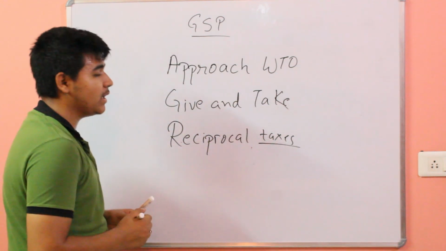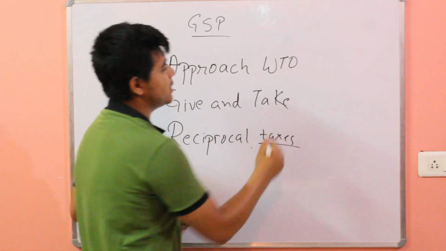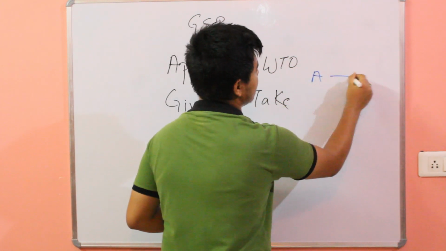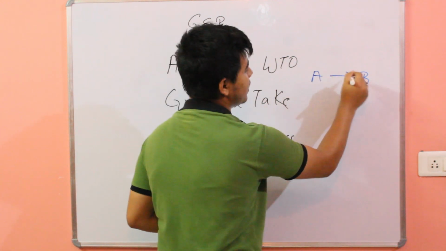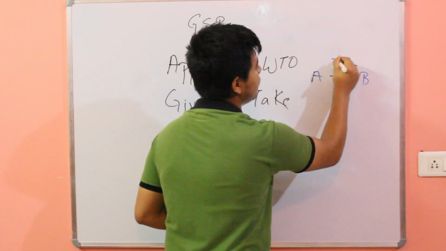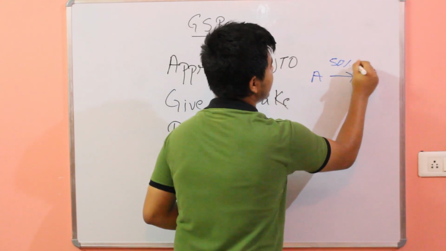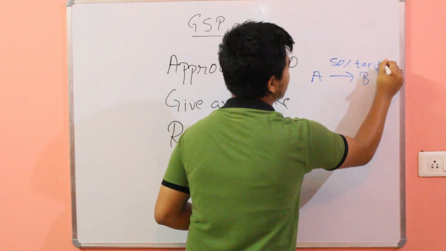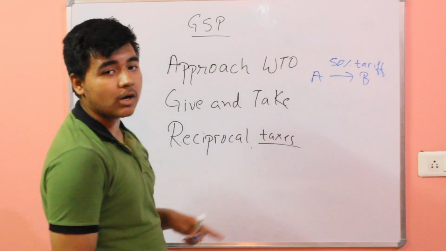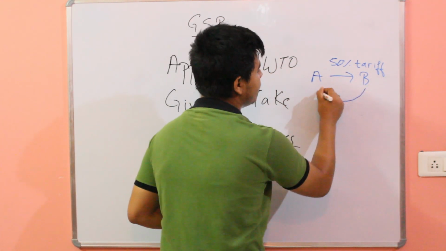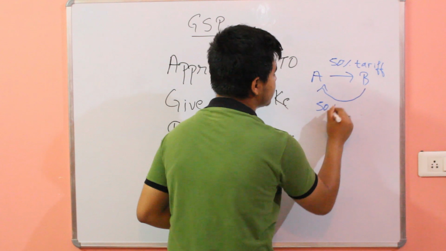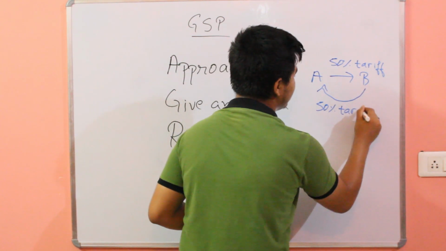Giving in brief about the reciprocal taxes, suppose a country A and a country B are trading with each other. Suppose country B levies 50% tariff on one particular commodity of country A. So now country A will also charge a 50% tariff.